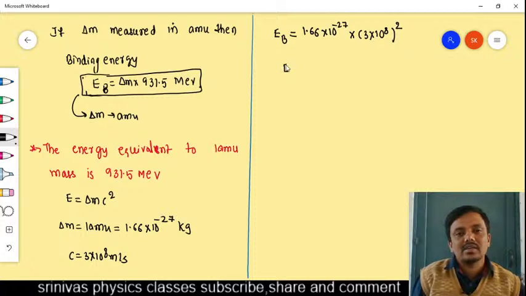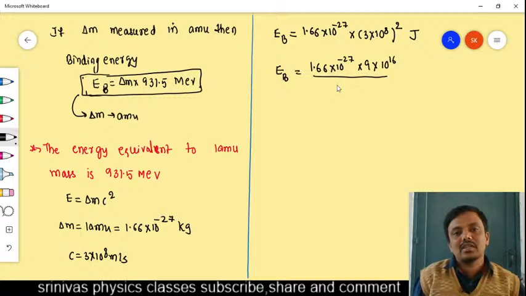You can simplify it. When you simplify it, you will get the value in joules, because we are substituting everything in kgs and meters per second. In order to convert these joules into electron volts, you should divide by the electron charge. 1.66 into 10 to the power of minus 27, this we write as 9 into 10 to the power of 16.